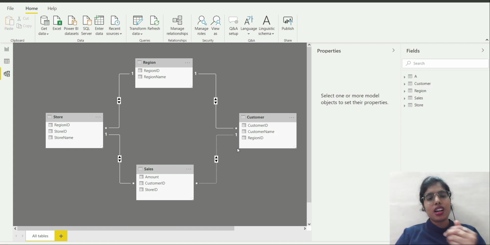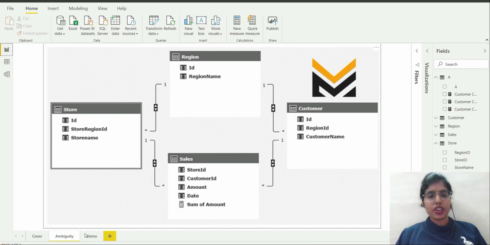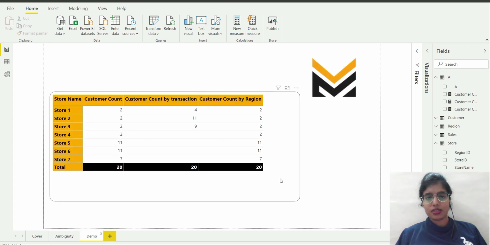In this particular case, suppose I have this particular model only. Suppose the bottom relationship between sales and customer is inactive and the uppermost is active. So suppose I go to report view over here and I go to the demo section.